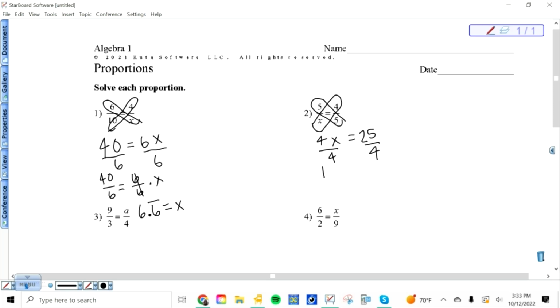So now I end up with 4 over 4 times x equals 25 over 4. They become a 1, so what's left? Just the x. X equals 25 over 4, which is? Excellent. 6.25. Is that making sense? Yeah? Any questions so far? No.